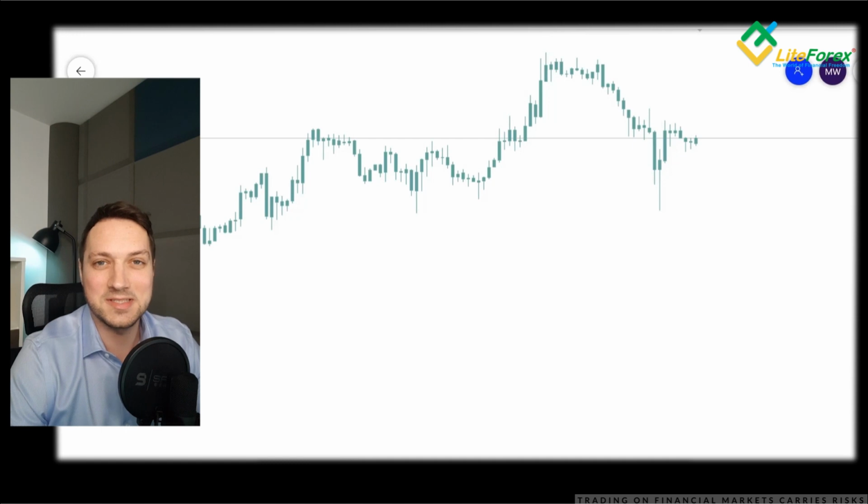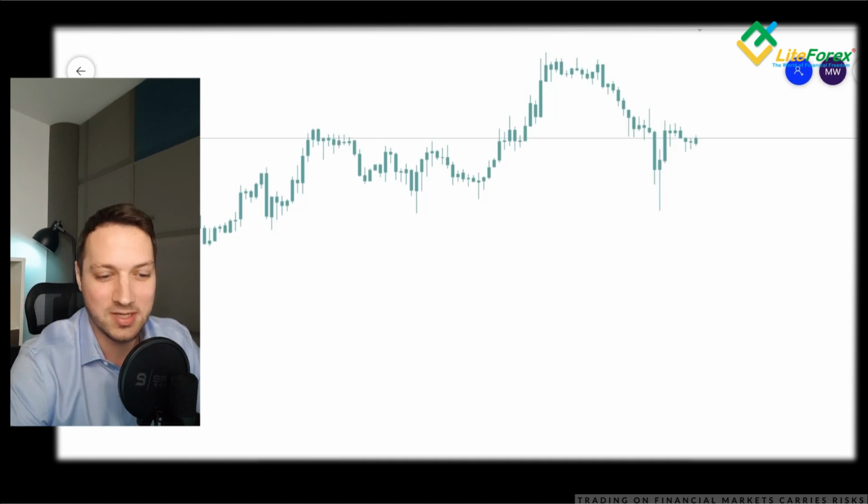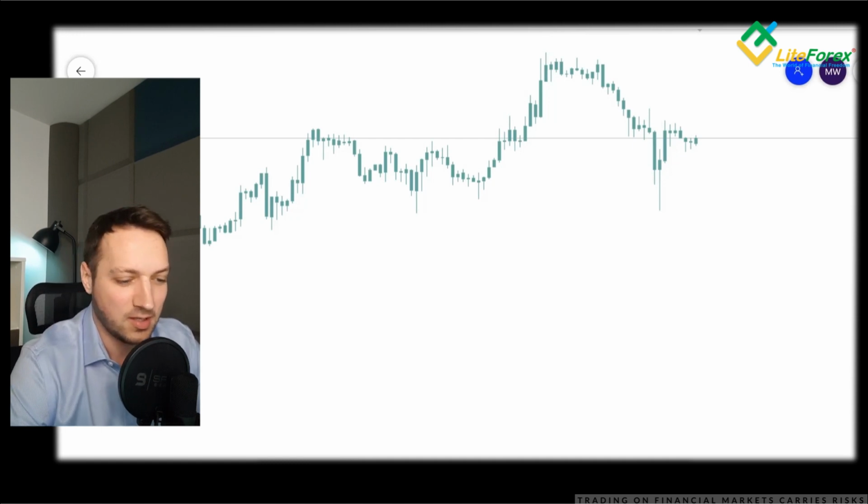Okay guys, so let's examine a real example. We have the screen from the platform, and we have this completely imaginary situation. This is the EUR/USD currency pair chart, and for example, we have this inverted head and shoulders here, and we think that the price will go up. So we should calculate how much we can risk in this situation.